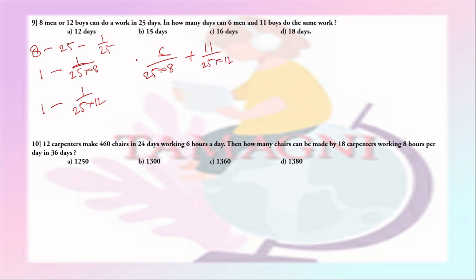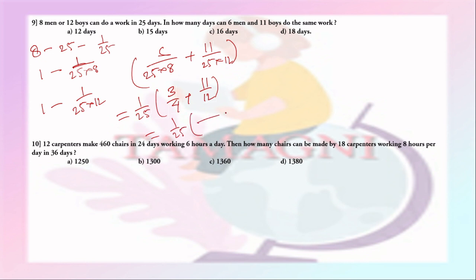So this amount of work will be done by 6 men and 11 boys in one day, which is equal to 1 by 25 common here. Simplifying 6 by 8, we get 3 by 4, plus 11 by 12, equal to 1 by 25.